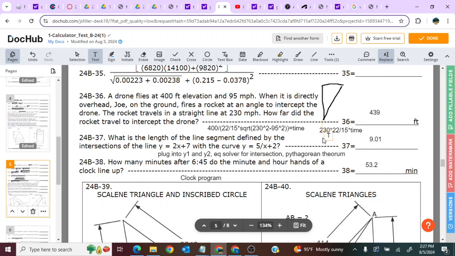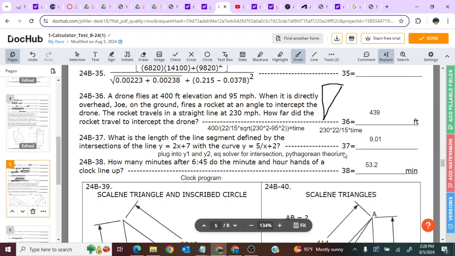What is the length of the line segment defined by the intersection of these two curves? Well, you've got to plug them into y1 and y2. You've got to find both intersections, the negative one and the positive one. And then once you have that, you have to use the Pythagorean theorem for the distance.